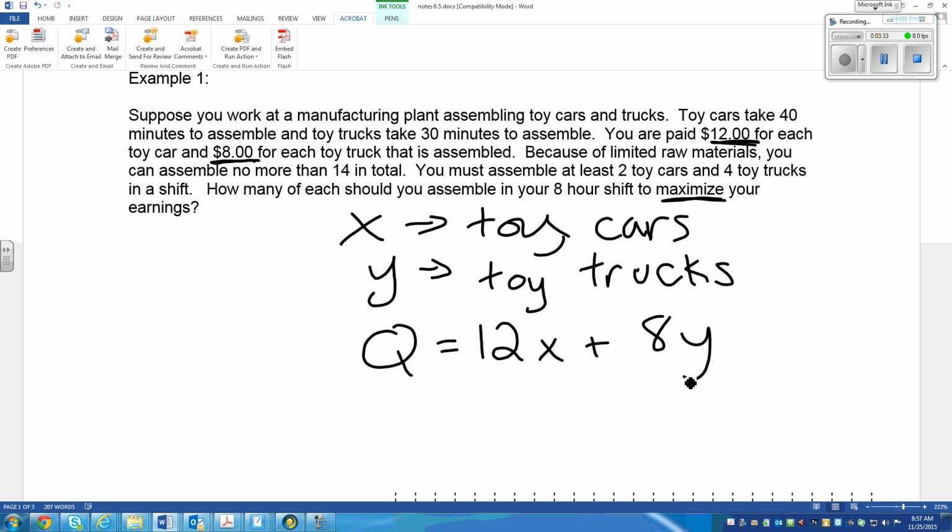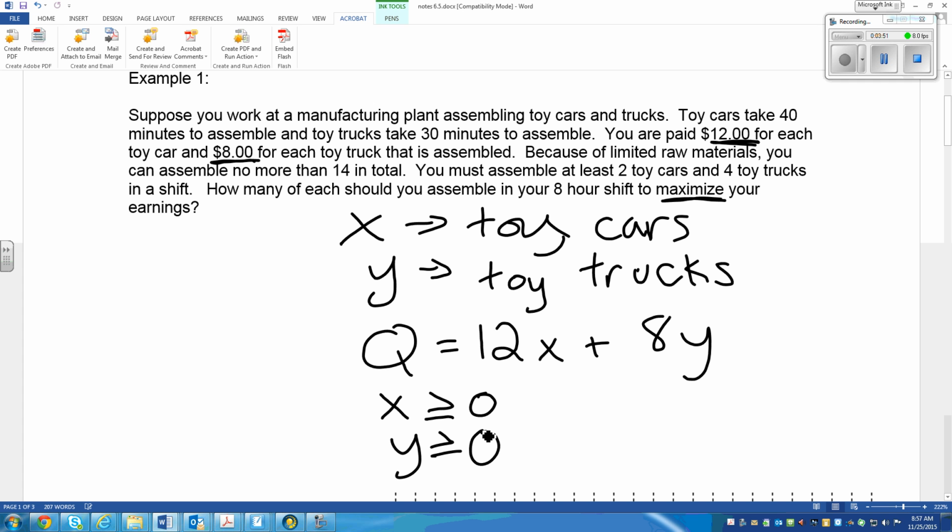Okay? Then constraints come in. Negative cars you can make? No. So one of my constraints will say x has to be greater than or equal to 0. Another one will say y has to be greater than or equal to 0.